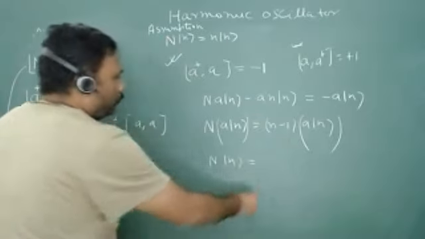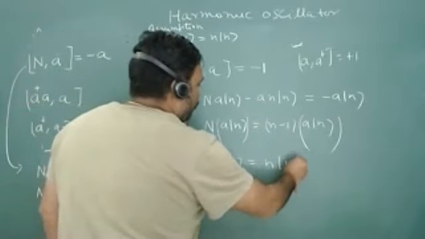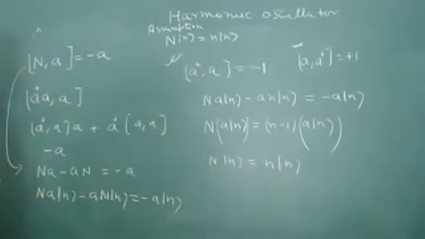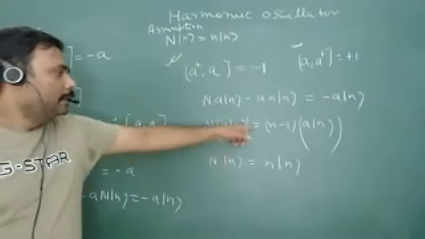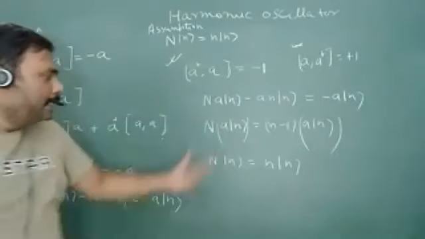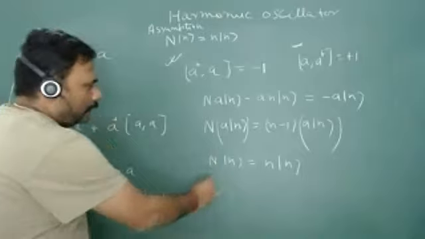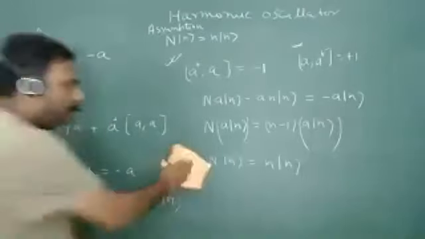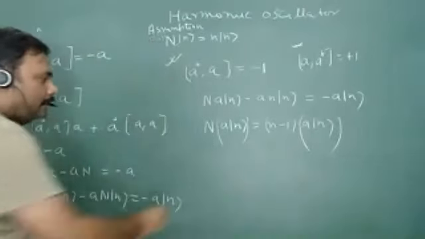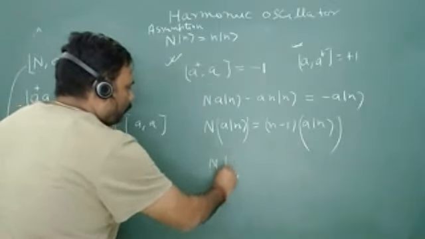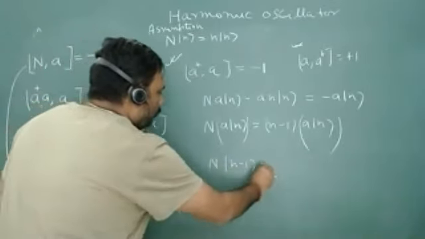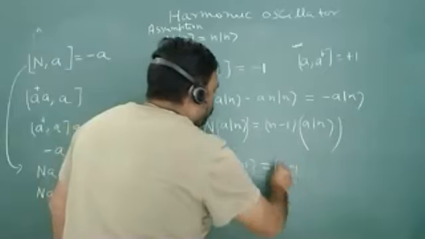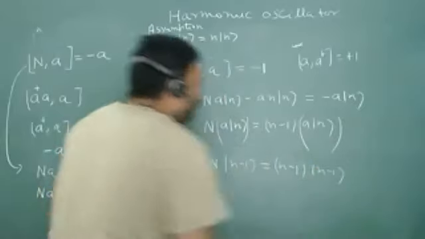So now if we are going to compare it, N n is equal to n n. We are just going to compare it. Can I say all this? So this is not the comparison. So what I can say? I will get n minus 1, n minus 1, isn't it?